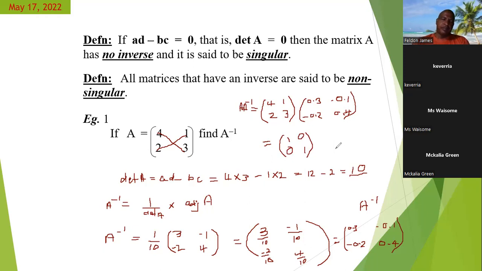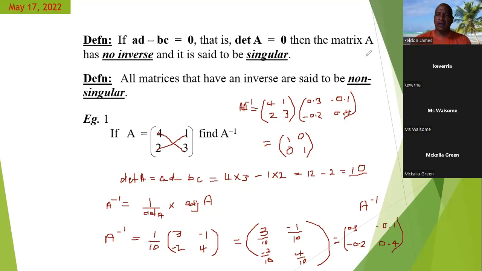All right? Sir, question. Sir, how you get the 1 and the 0 and the 0 and the 1 again? No, that is a given. That is the identity matrix. Okay, sir. I think I work something out and get it. No, man, the identity matrix is like when you have the identity number, multiplicative identity or additive identity.